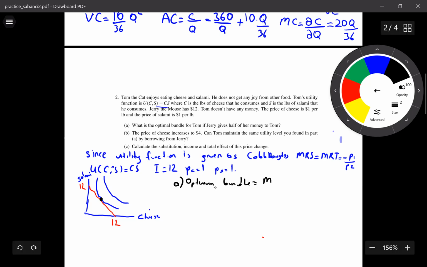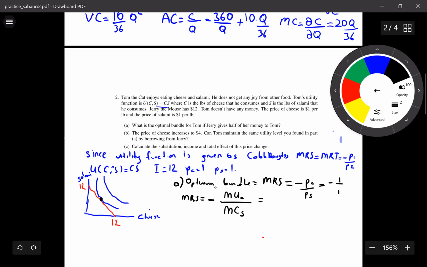Since this is Cobb-Douglas, I need to find the MRS and equalize it to PC over PS, which is minus 1 over 1. MRS is, with a minus sign, the marginal utility of cheese divided by the marginal utility of salami.